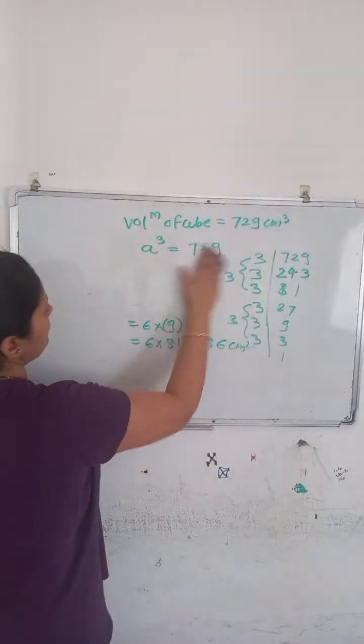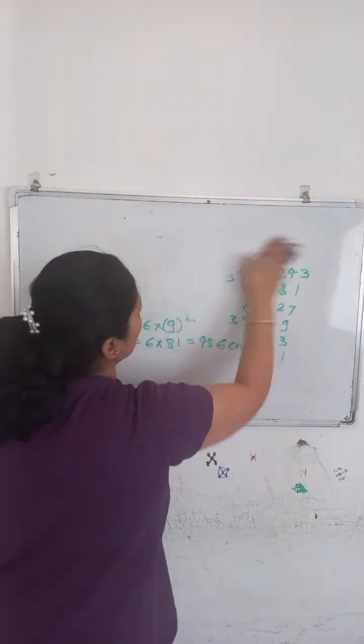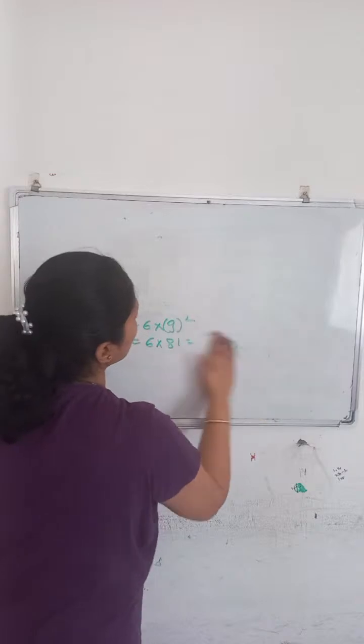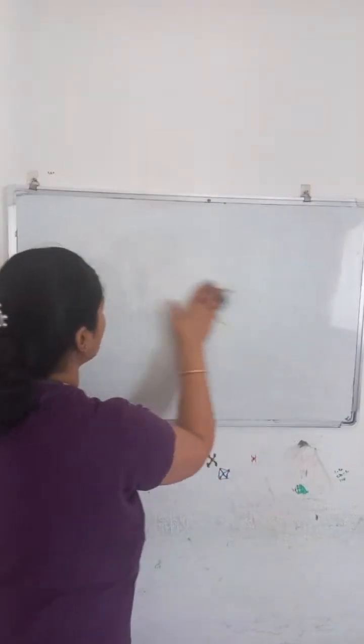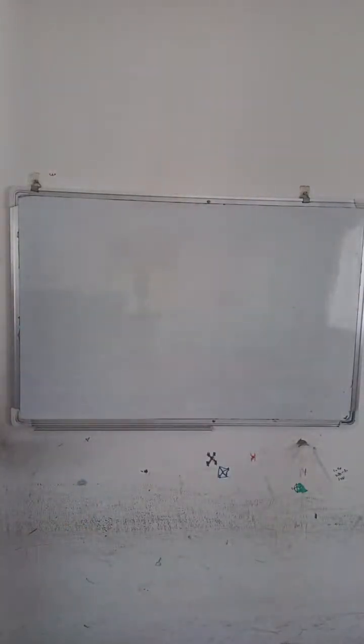Then find those two numbers. I will repeat this. The two numbers are in the ratio of 2:7 and their sum is nothing but 162. Then find out those two numbers.